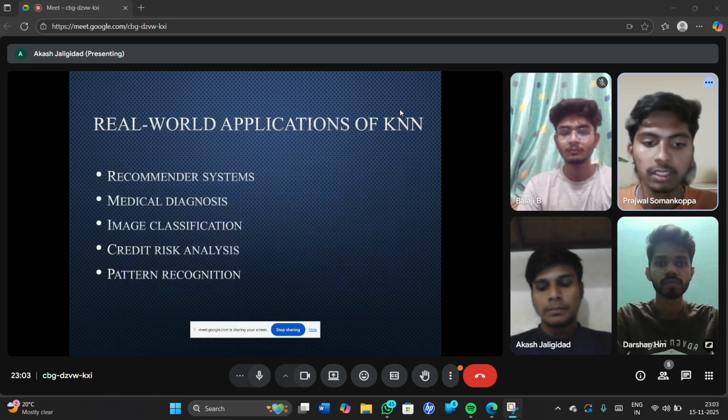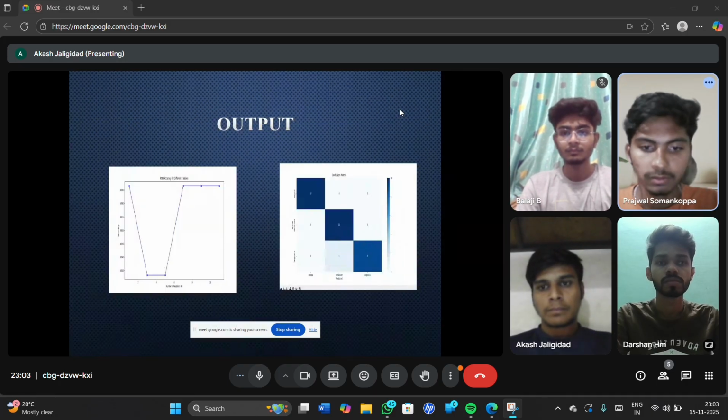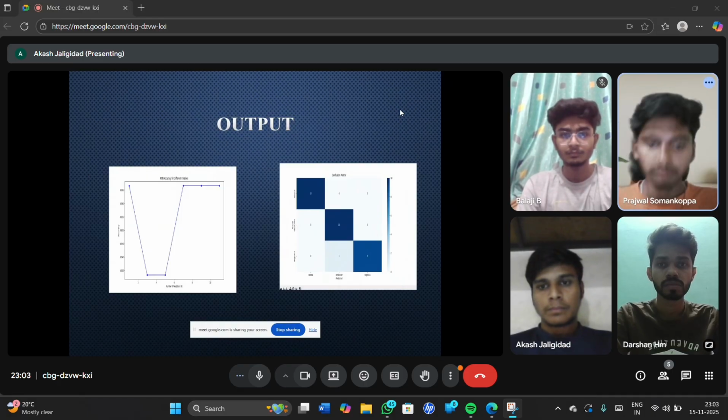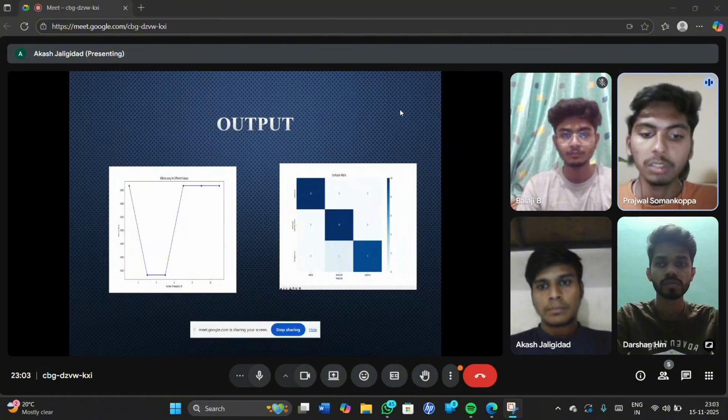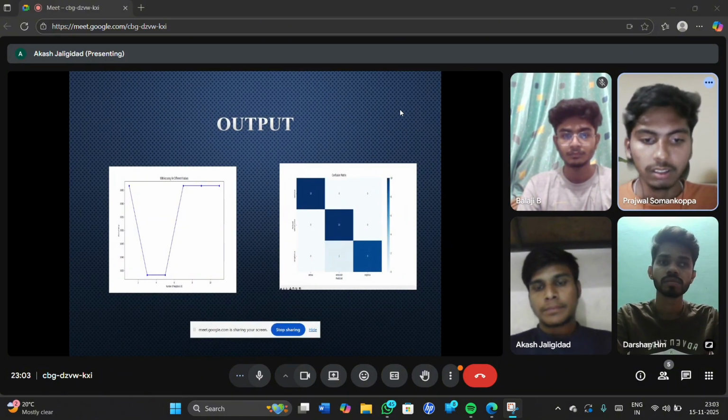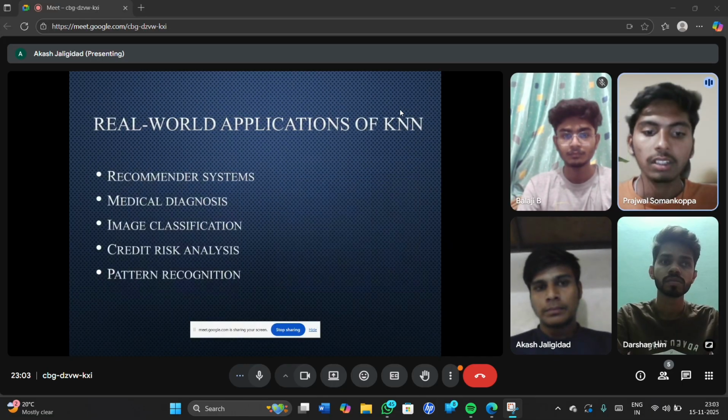Confusion matrix. This chart shows how well KNN classified the data. It compares actual labels versus predicted labels. Off-diagonal boxes equal mistakes.